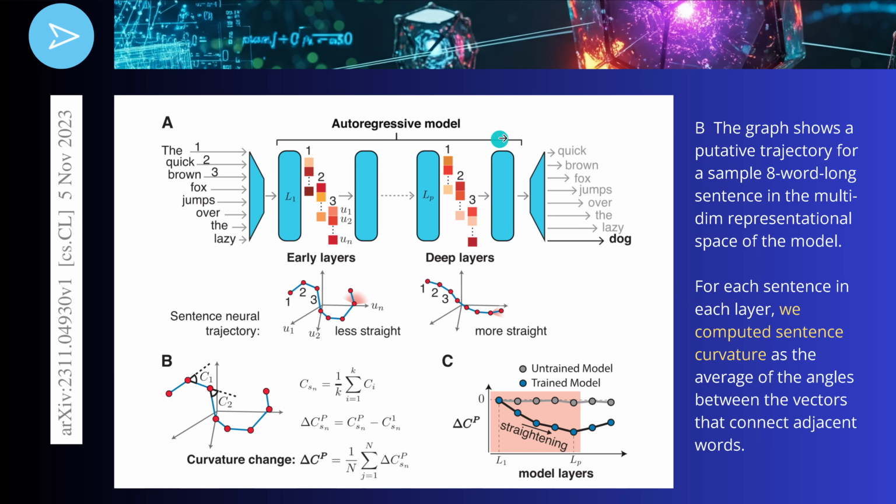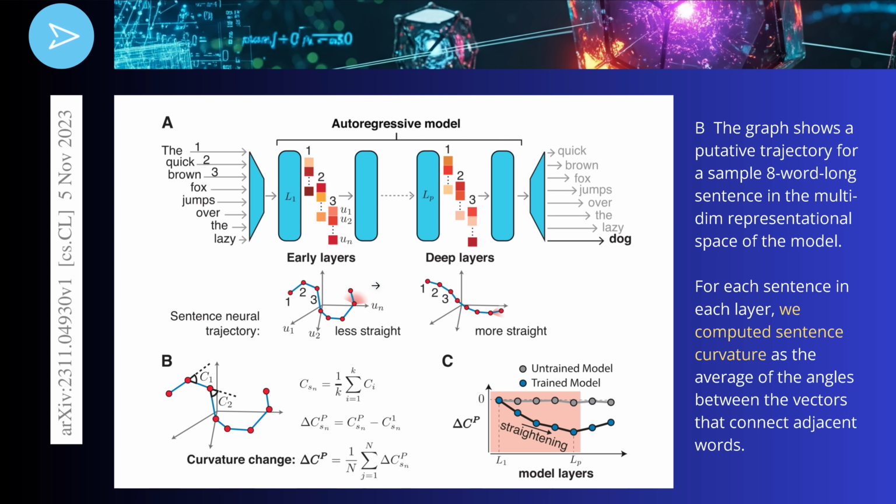So we do have an autoregressive model, a next token prediction model. The authors calculated, in a multidimensional representation space of this particular model, the sentence neural trajectory, which is a crazy wording, but they showed it simplifies. It becomes more of a straight line and less like a topological mess.